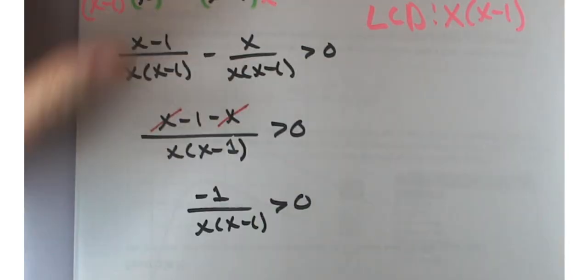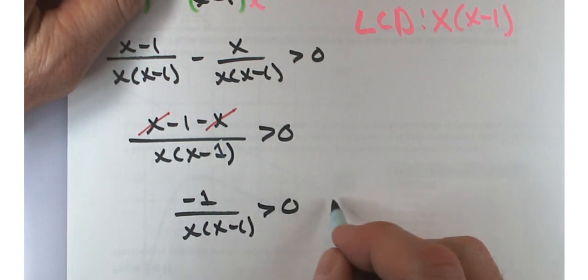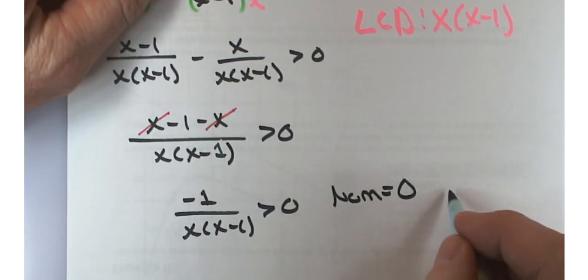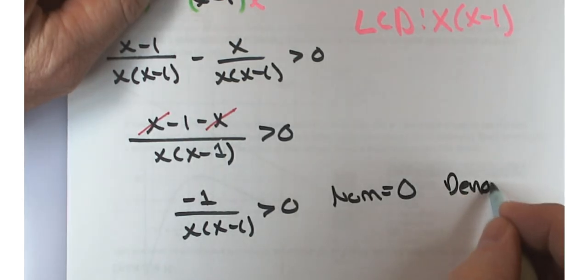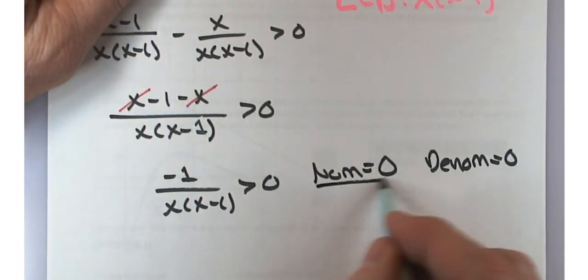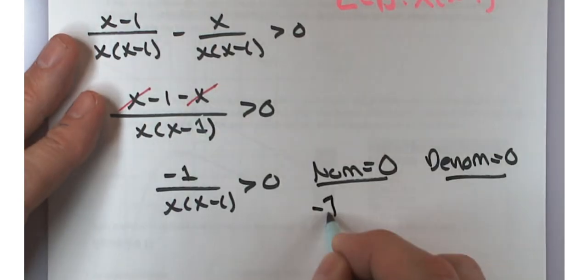But let's see about solving the rest of this. Remember, I got to solve where the numerator equals 0 and where the denominator equals 0. At least that part's a little easier. Does negative 1 equal 0?